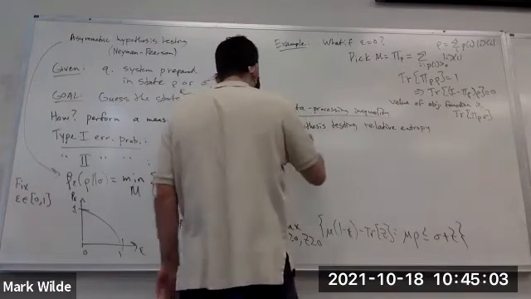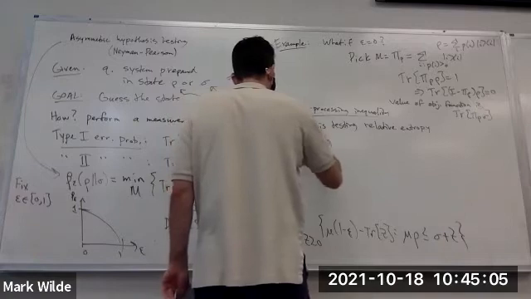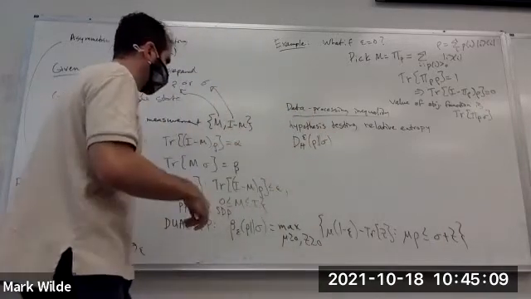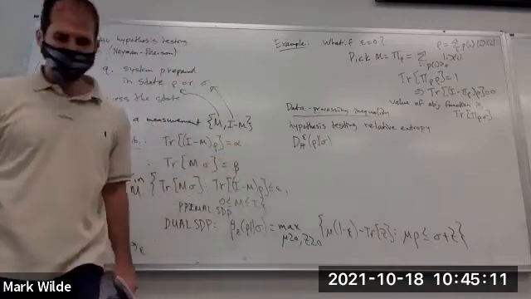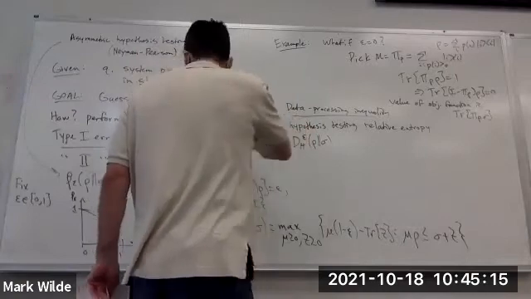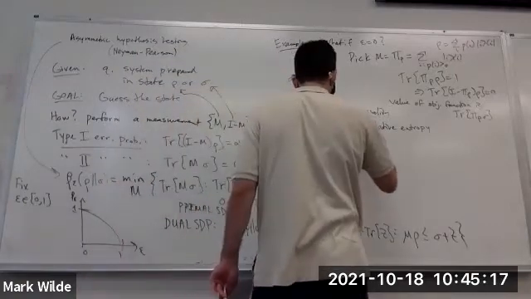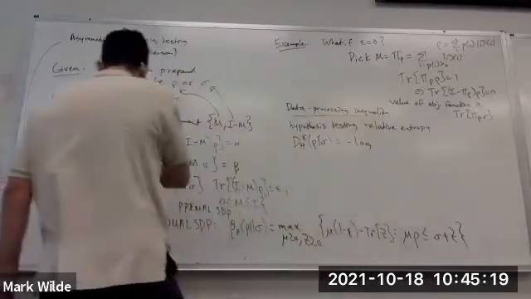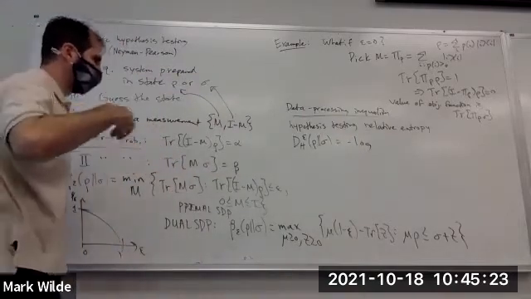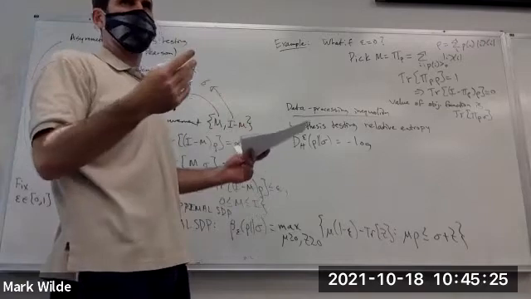Okay, how we're going to define this, write it like this. H for hypothesis testing, D is for relative entropy or divergence, and epsilon is the same epsilon as over here. So what you do is, this is a probability, right? And you take the negative log of that probability, and then it becomes like an entropy.